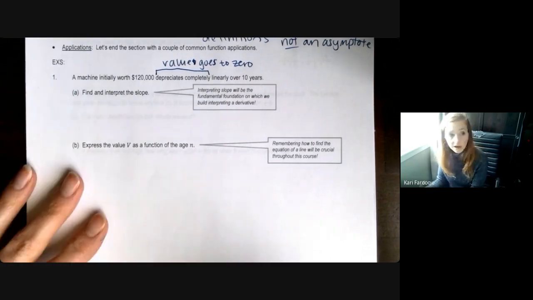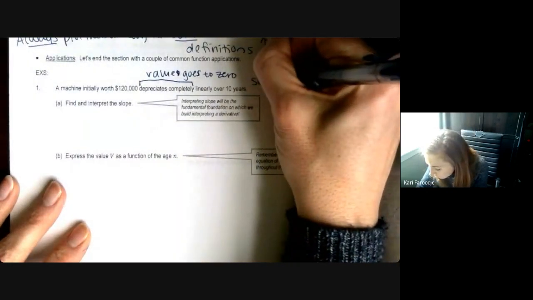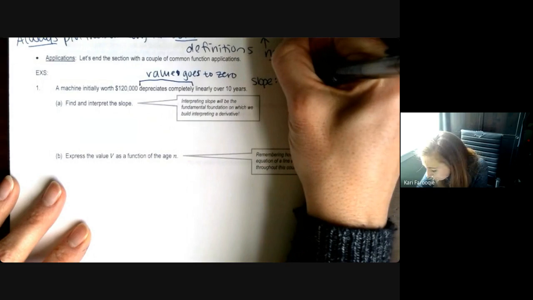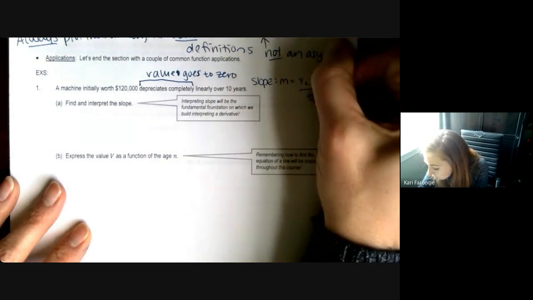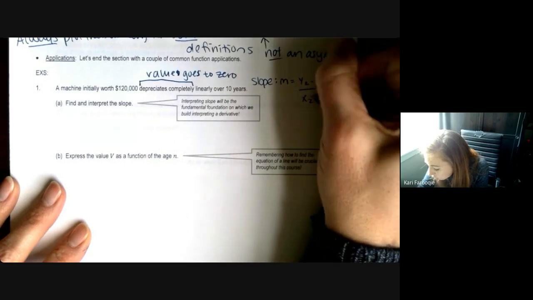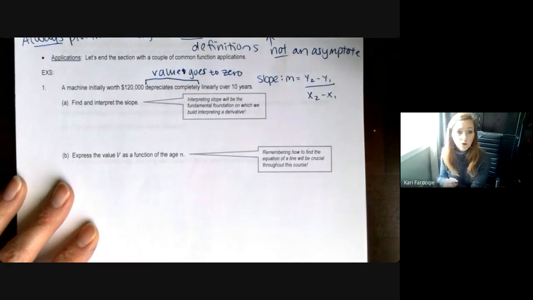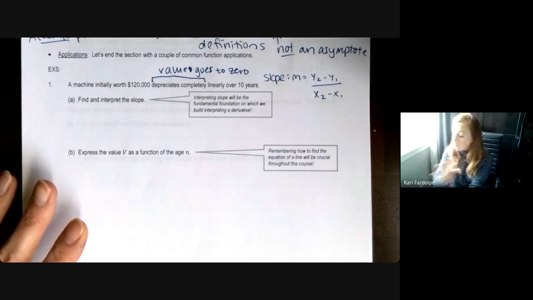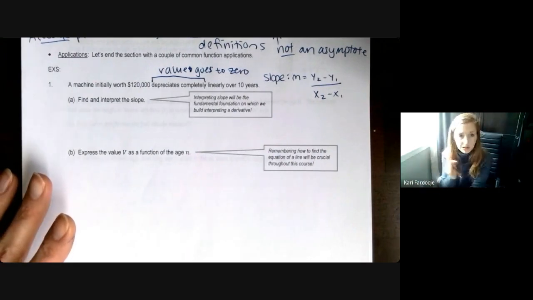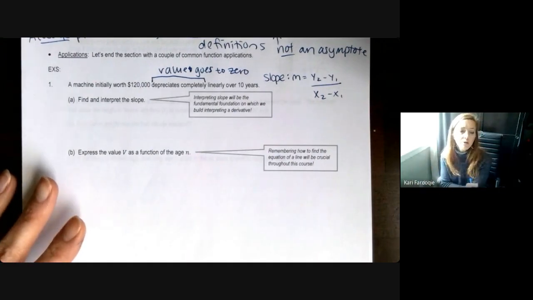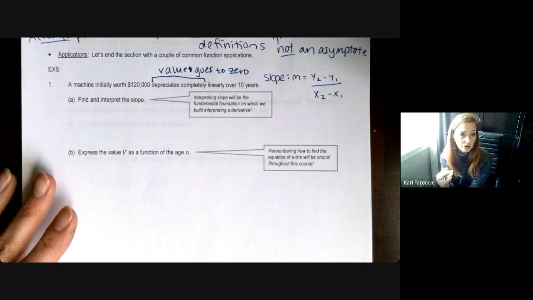So remember that your slope formula uses the variable m, and you are using y sub 2 minus y sub 1 over x sub 2 minus x sub 1. So that is a formula from way back when in algebra, not even college algebra, like algebra intermediate and basic. But you maybe haven't used it in a while, so we'll talk about it now. So it's the change in y over the change in x.